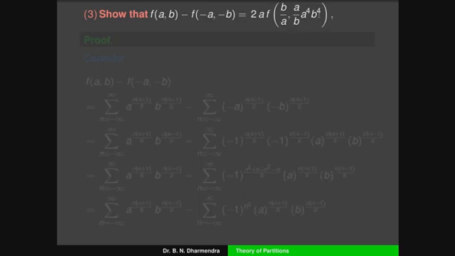Okay, that is the proof. Here also we have to consider f of a comma b in terms of a series, that is the summation n running from minus infinity to plus infinity of a to the power of n into n plus 1 by 2 into b to the power of n into n minus 1 by 2.